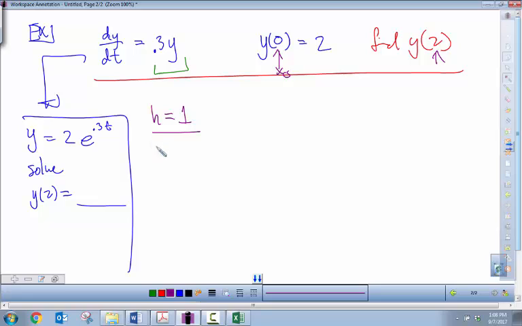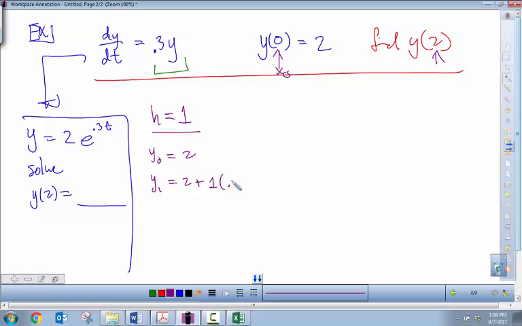And so we have y of 0 is equal to 2. We have y of 1 is equal to, now this is where we want to start using the formula. It is equal to y of 0 plus the step size times the derivative, or times the function itself, which is the slope.